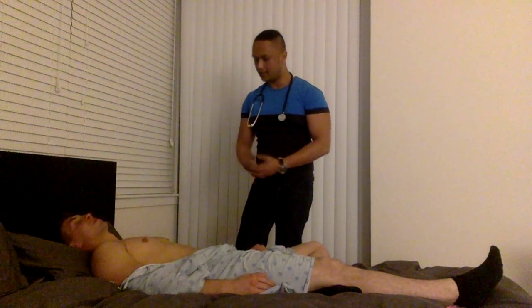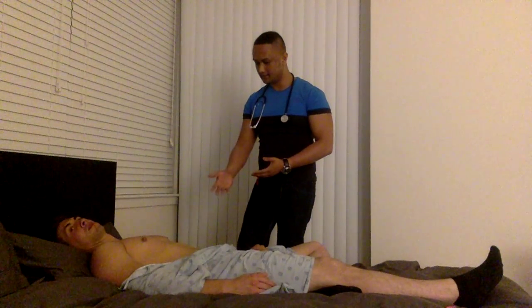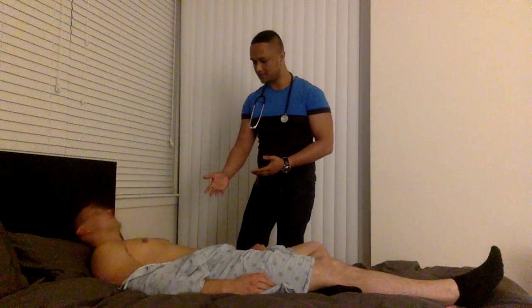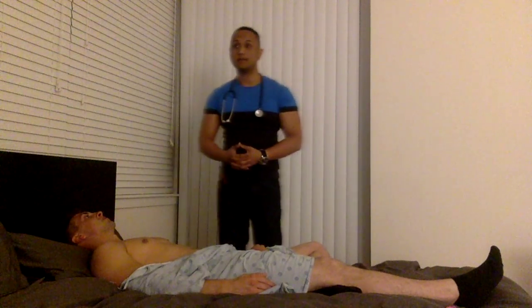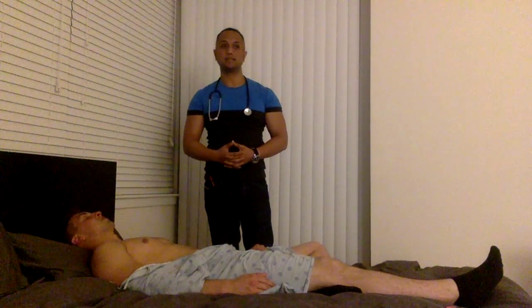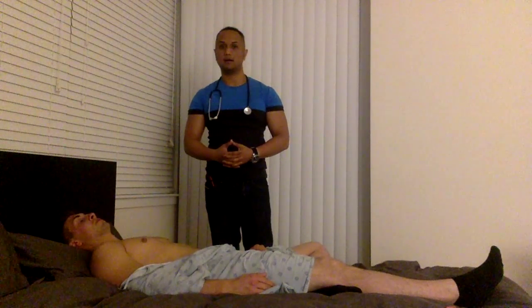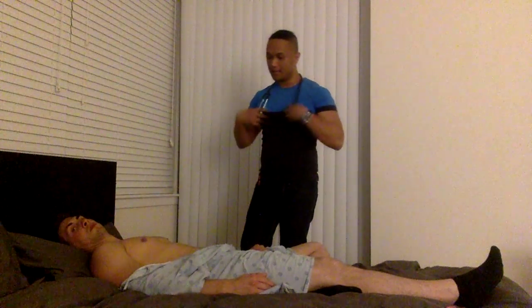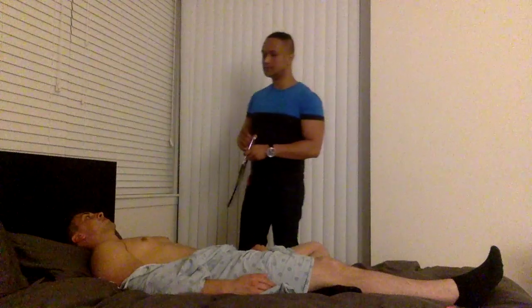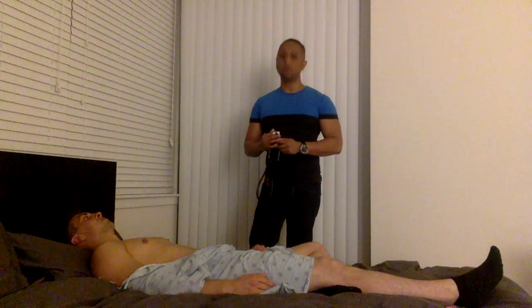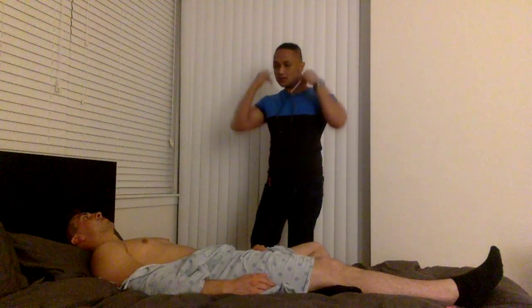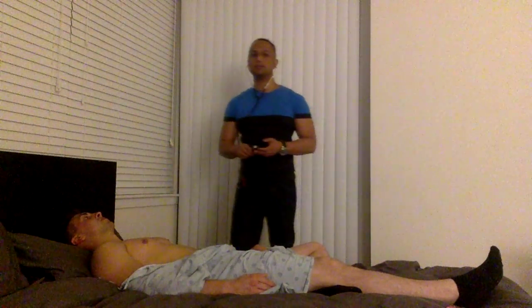For Kenny, I can see the pulsations, the peristalsis also. Next part of the abdominal assessment is going to be the auscultation. The abdomen has four quadrants: the right upper quadrant, the left upper quadrant, the right lower quadrant, and the left lower quadrant. So you want to assess for the abdominal sounds.